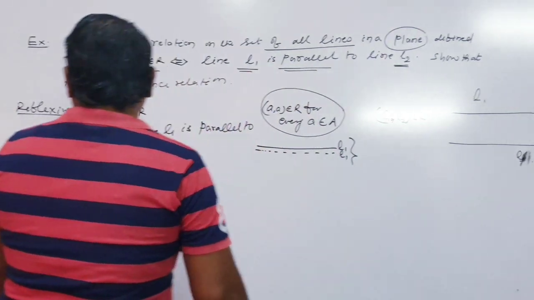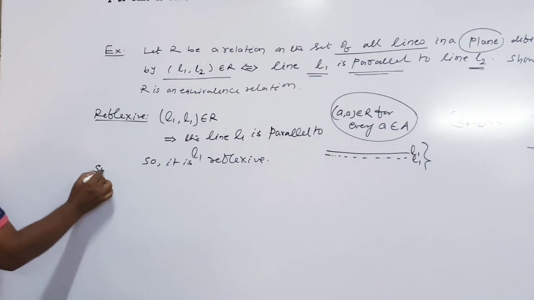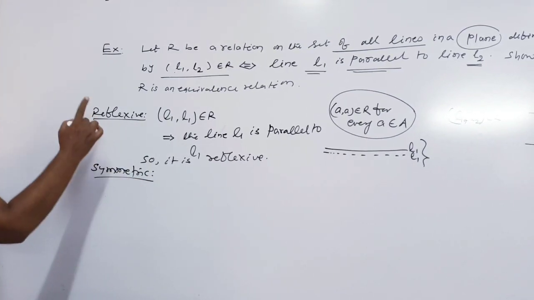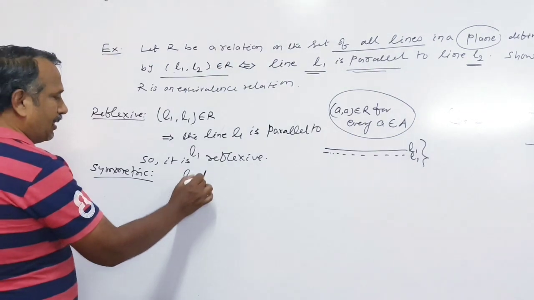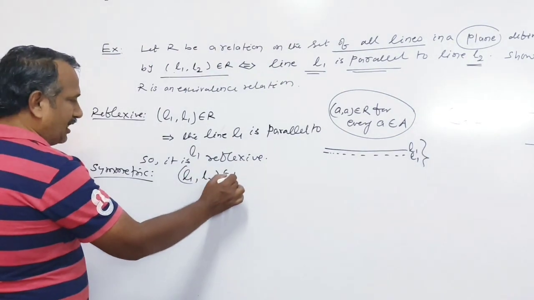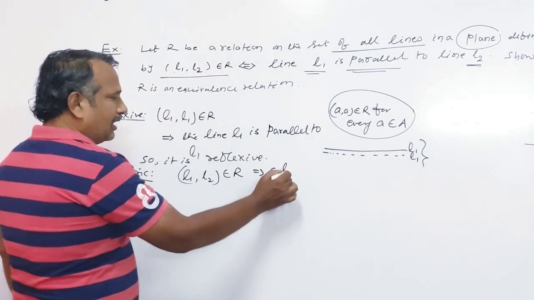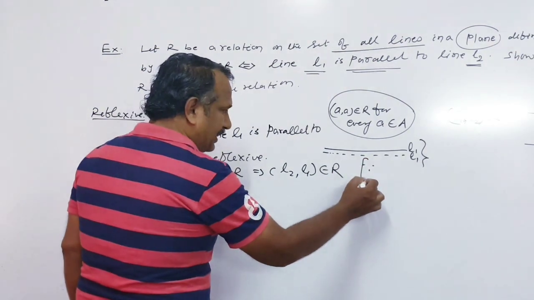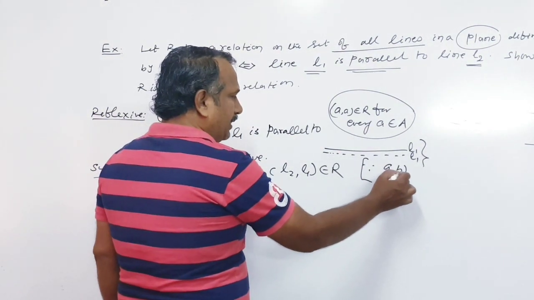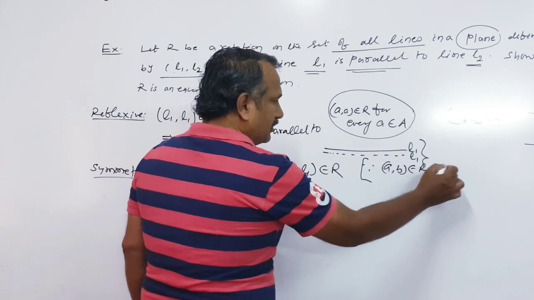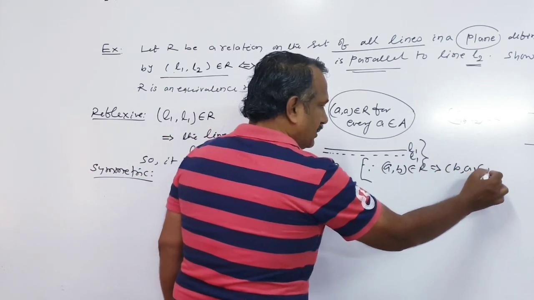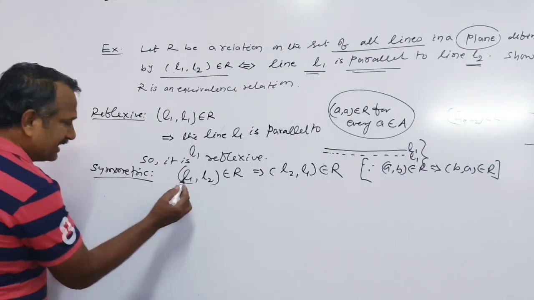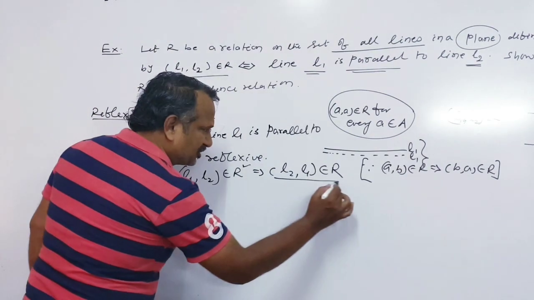Okay. Now next one is symmetric. What is the definition of symmetric? Now here we have to show that if (L1, L2) belongs to R, then (L2, L1) also belongs to R, because by the definition of symmetry, if (A, B) belongs to R, then (B, A) belongs to R. Now here this is given, and we have to show this one.